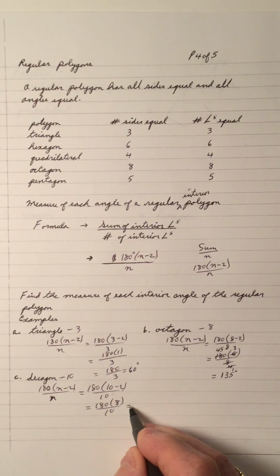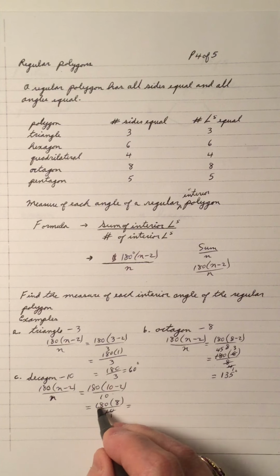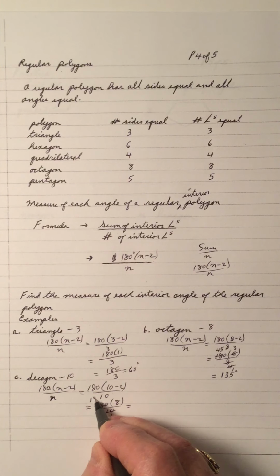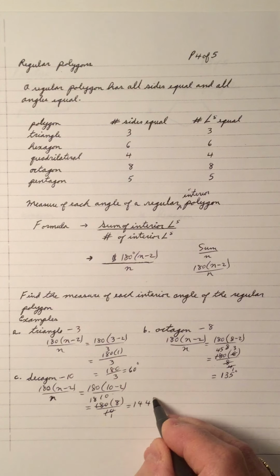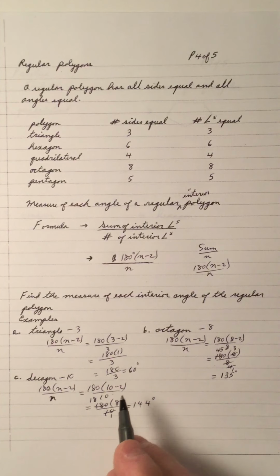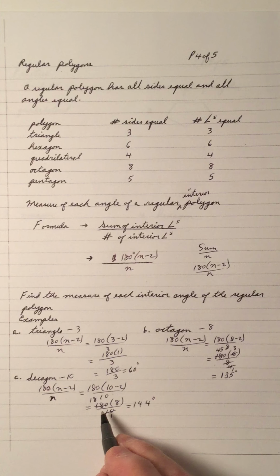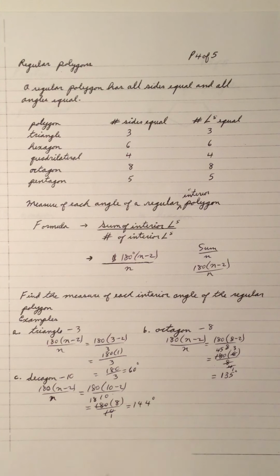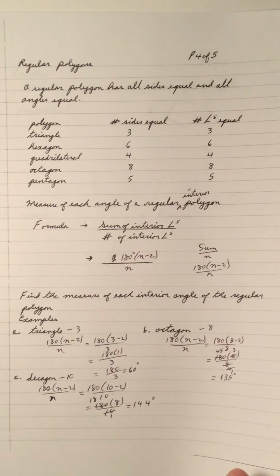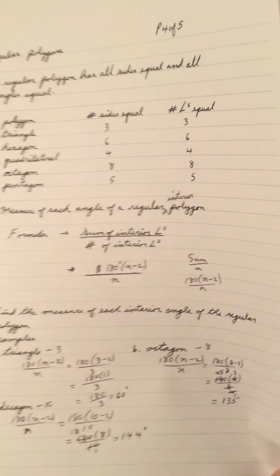Notice 10 into 10 goes once, 10 into 180 goes 18, and 8 times 18 is 144. Or you can take a calculator and go 180 times 8 divided by 10. But I like cancelling and reducing. So that's how I work out the interior angle.